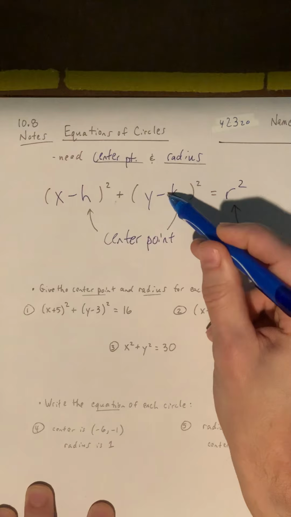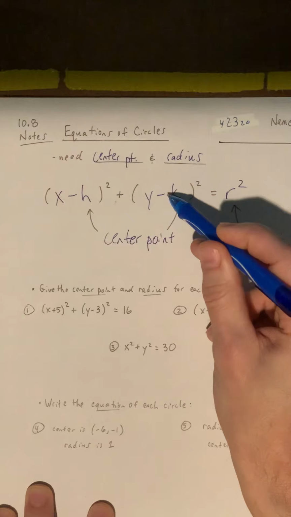Okay, usually the generic form is written as (x minus h) squared plus (y minus k) squared is equal to r squared.